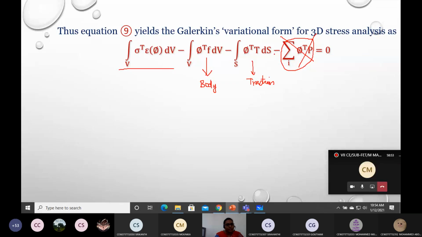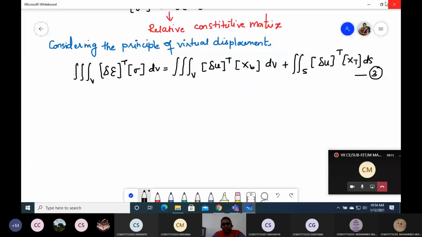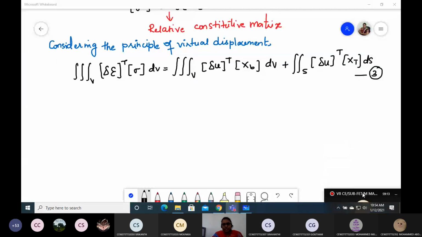That is the same equation that I have written over there. Got the point? Very important derivation. If you have doubt, you have to ask. So, taking that equation into account, we are going to solve it.